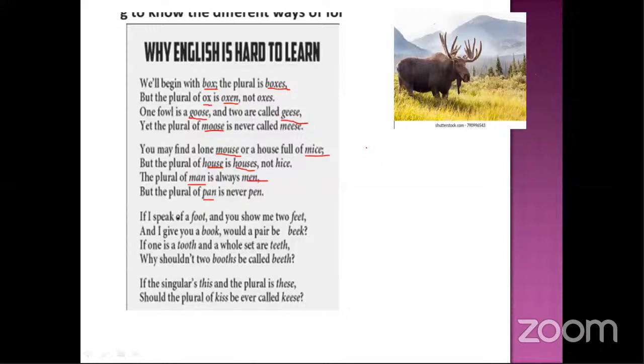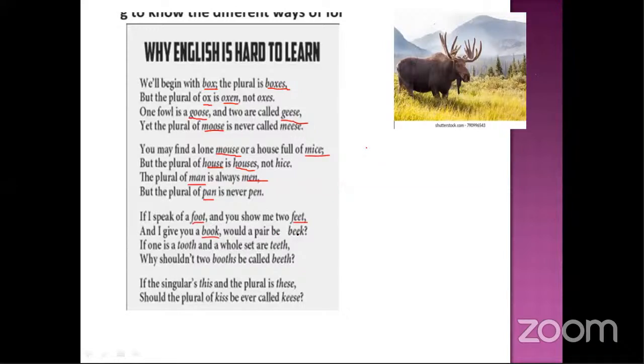Next one. If I speak of a foot and you show me two feet, one foot, two feet, and I give you a book, would a pair be beek? One book, two books, not beek. Here, foot, feet, book, books.